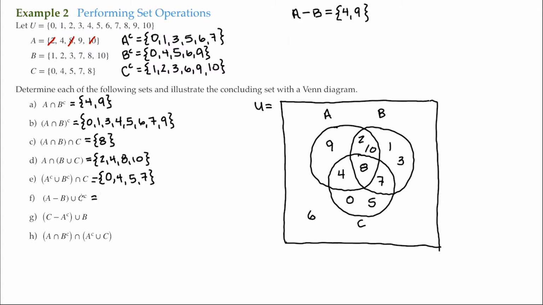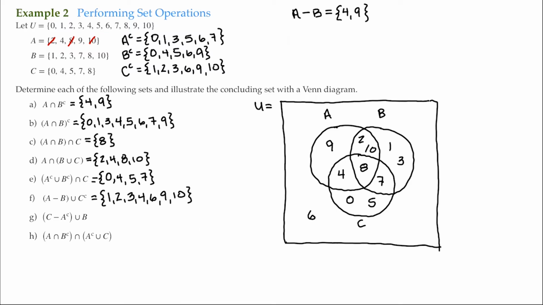So I'm going to union that with the complement of C. So I'll have 1, 2, 3, 4, 6, 9, and finally 10.